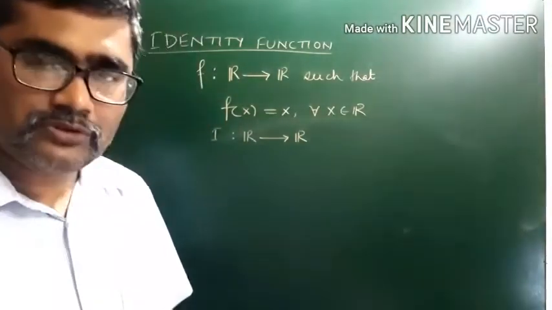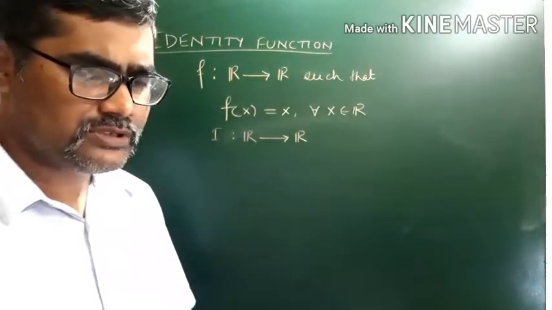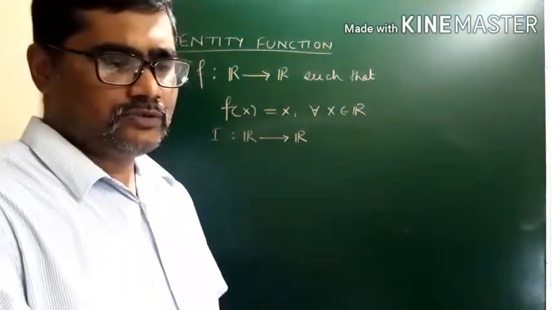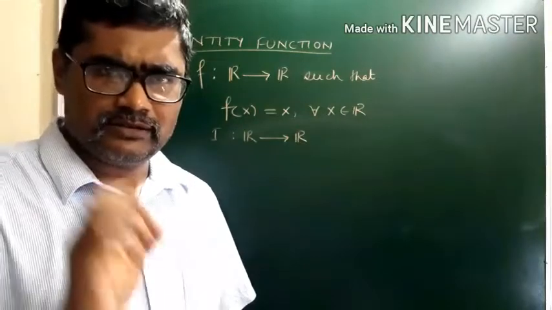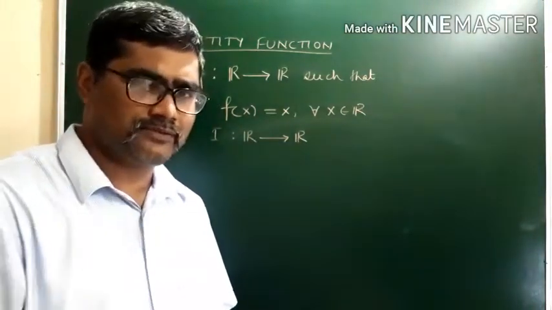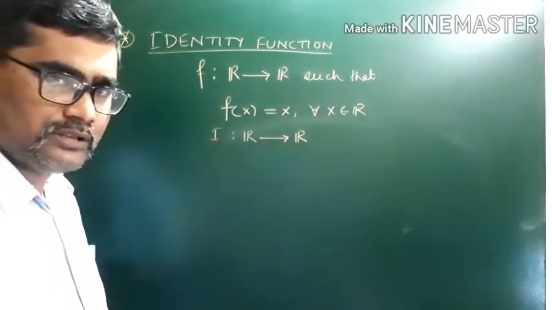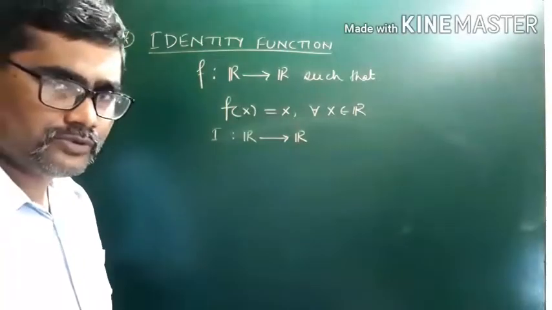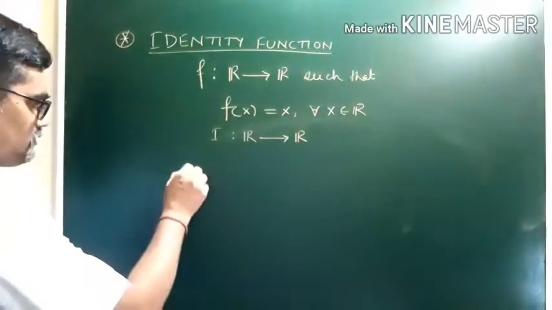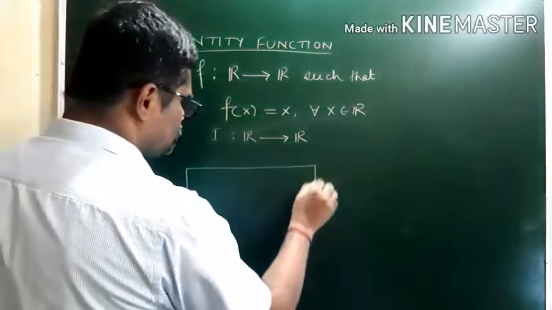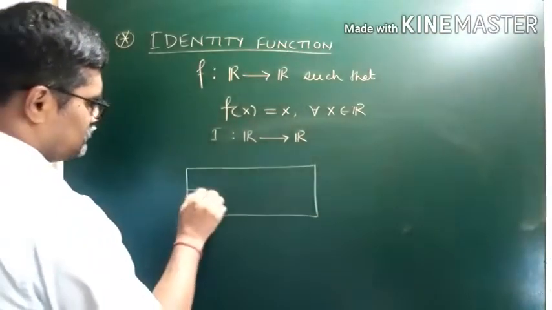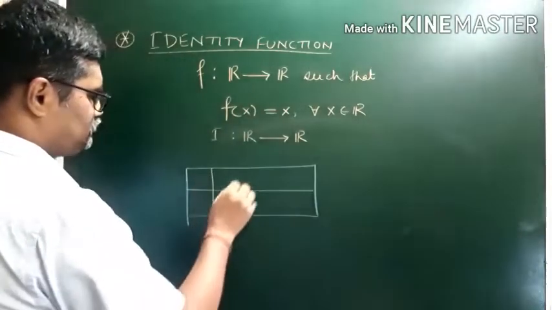So now we are going to draw the graph of this. I'm going to do it very roughly, so I'll not write the statement, it's not needed. You only need to know the graph, right? First of all we are going to construct a table. Without a table also we should do it actually, but just for a glimpse of how to start, we have drawn a table here. Suppose this is the table.